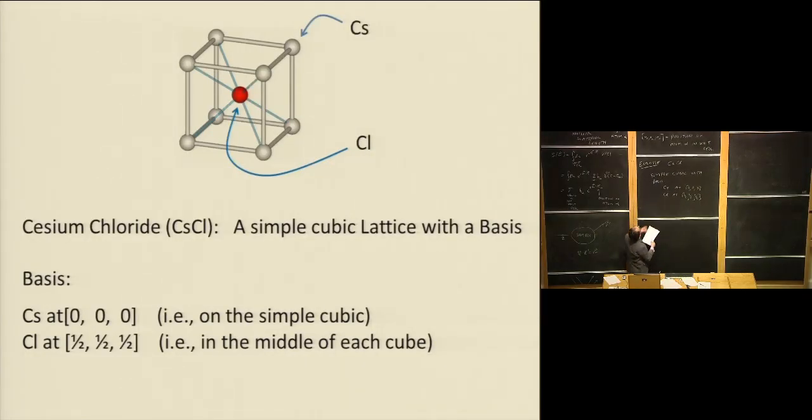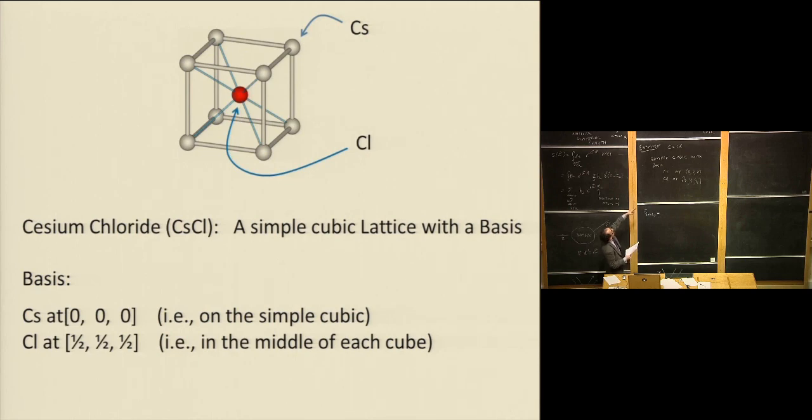So using that expression for the structure factor, we can write S at h k l equals, okay, a sum over the two atoms in the unit cell. The first atom is at 0, 0, 0, so e to the 2 pi i, and then we have a bunch of zeros upstairs. So the first term will just be f cesium, because e to the 2 pi i 0 is just going to give you 1.